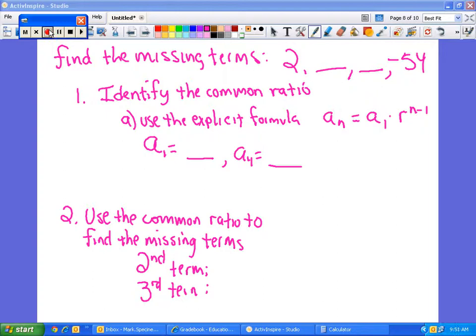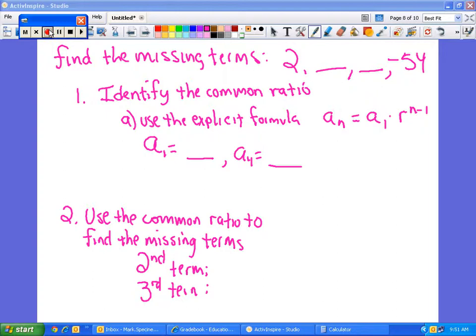Rather than using a separate equation to find the common difference, here we're going to use the same explicit formula that we just used. So in one respect, this is easier because it's one less formula to memorize. So we do need to know these two things, our first term and our fourth term.